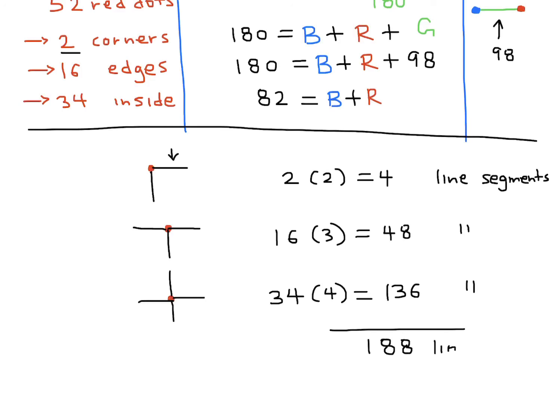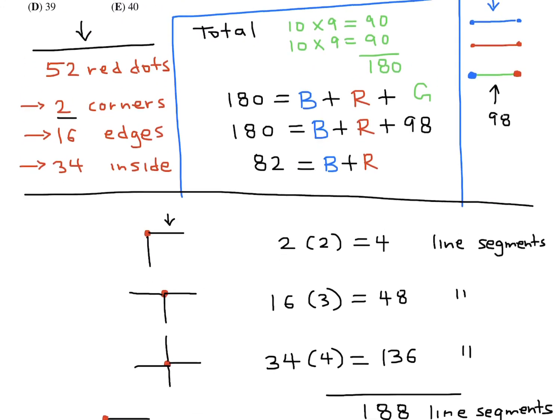Line segments emerging from the red dots. Correct? Now the arrangement is as follows. If you have any red dot and you've got a line segment coming out from it, what color is it going to be?